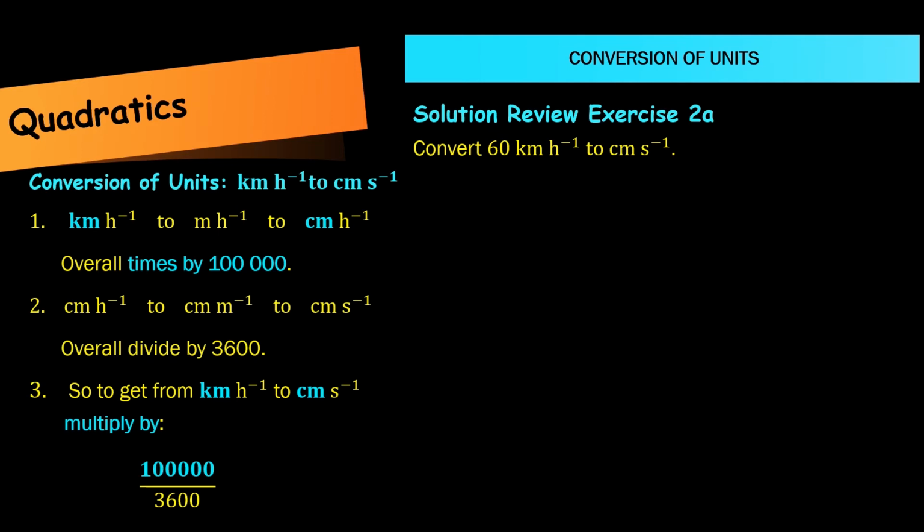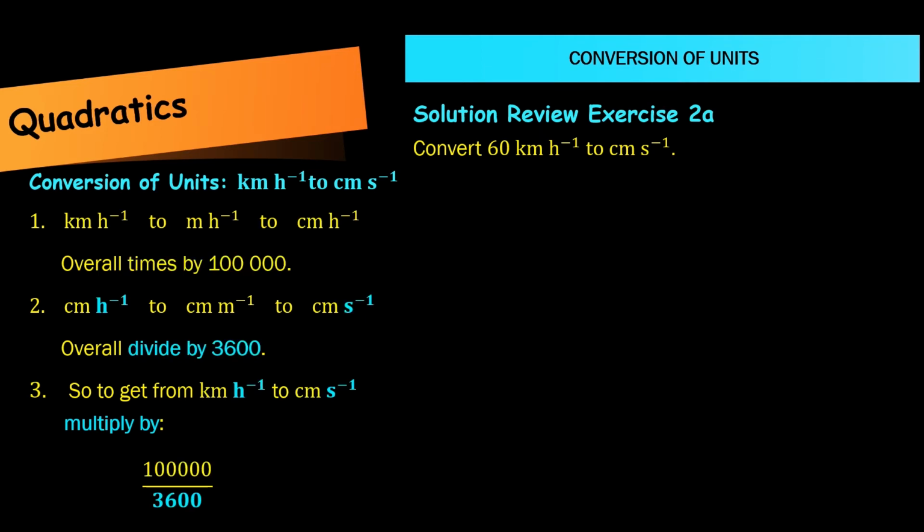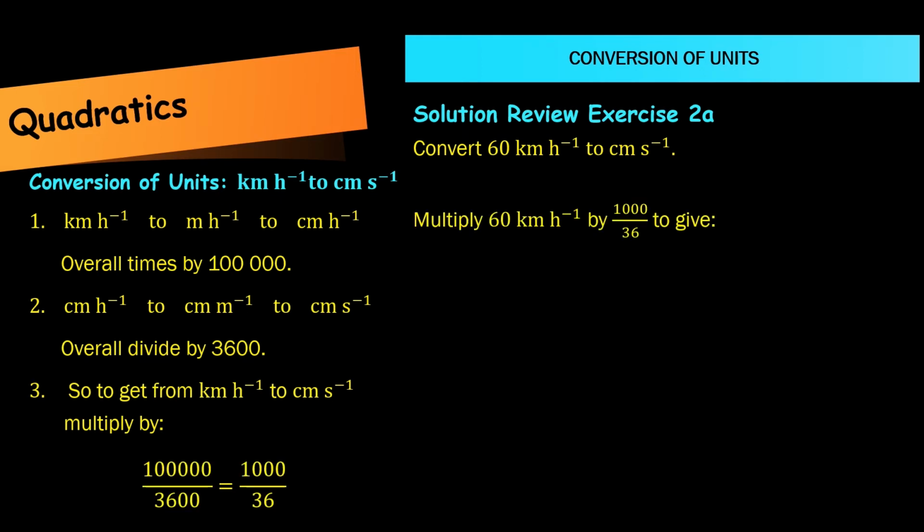So essentially we multiply by 100,000 divided by 3,600, which is equal to 1,000 over 36. And so for our exercise, we multiply 60 kilometers per hour by 1,000 over 36.